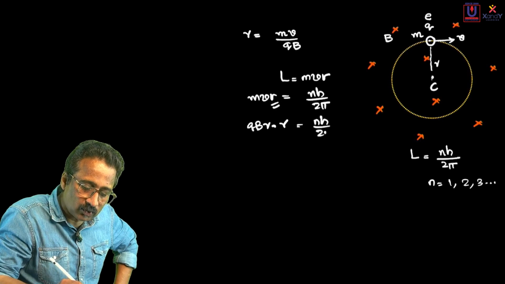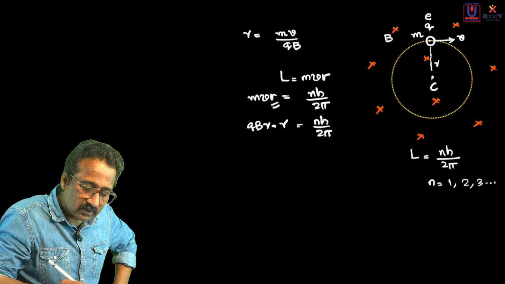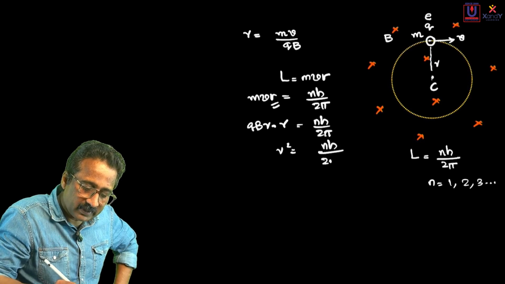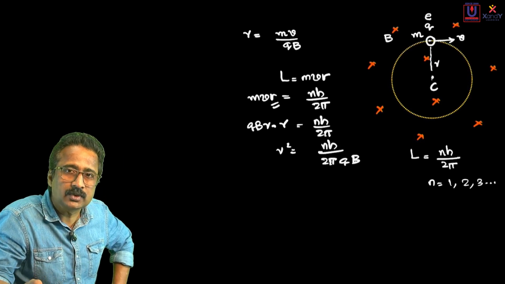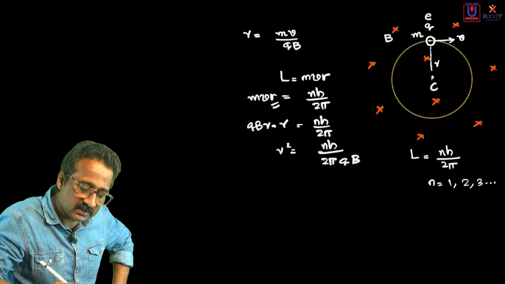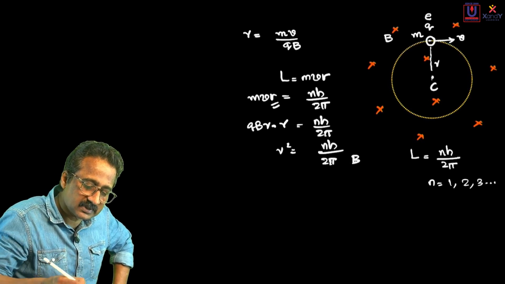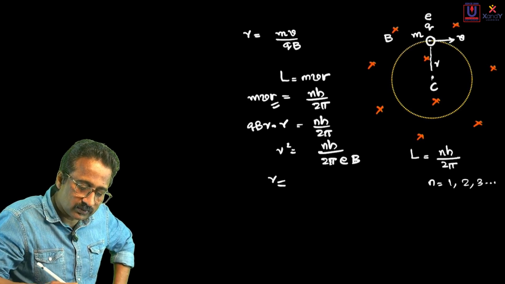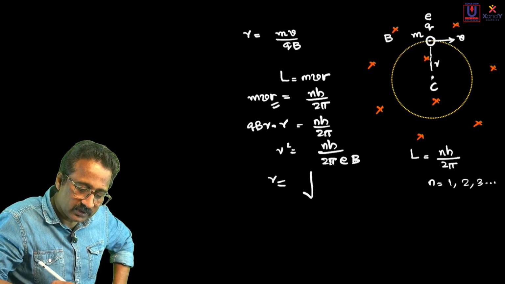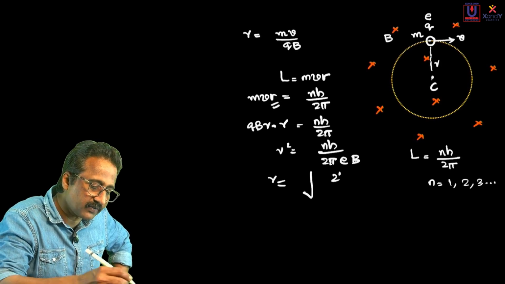So almost over. Now, this gives you r squared as nh divided by 2 pi into qB. But remember, this q is also equal to e. So I am free to write this q as e here because it is the electronic charge. Therefore, r is equal to root of nh by 2 pi eB.